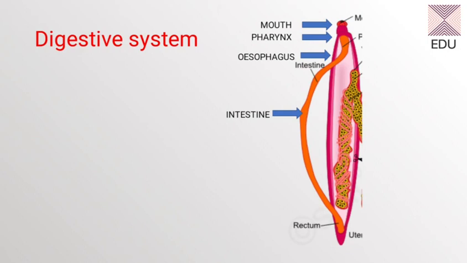The next part is the rectum. As you can very well see here in the diagram, we have the rectum. The intestine is followed by a very short part which is called the rectum. It is also dorso-ventrally flattened as the intestine was.